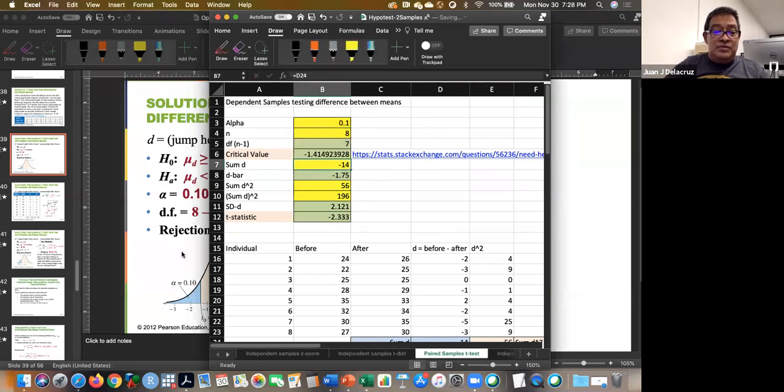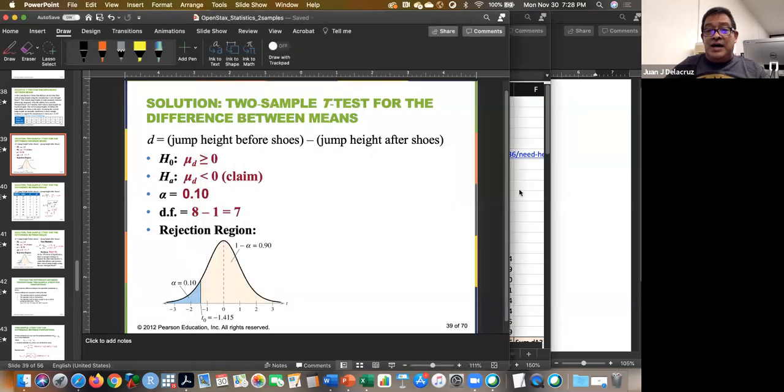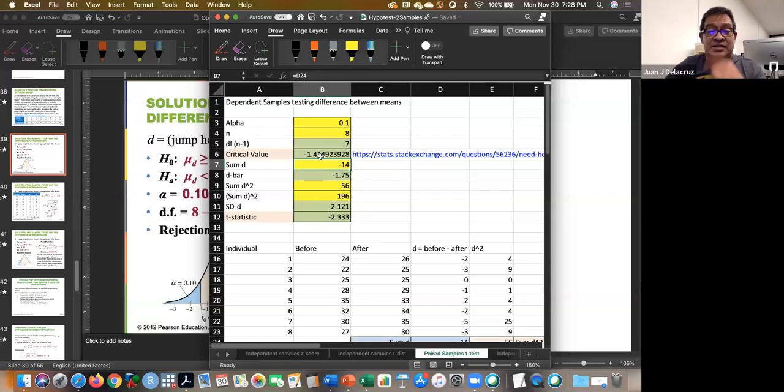That should be the value, 1.4, yeah. So I apologize, please correct this one. That should be the t distribution, I used the normal distribution. Sorry for that. So we have the t distribution. This is the critical value. Based on our case, this is the test statistic.